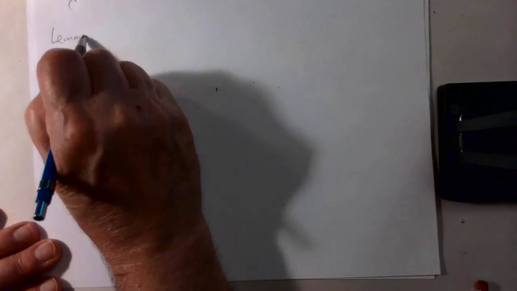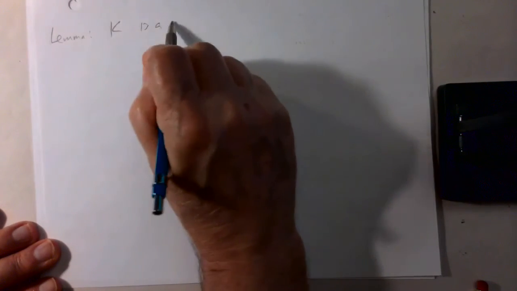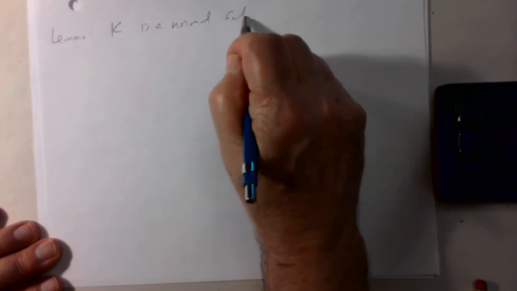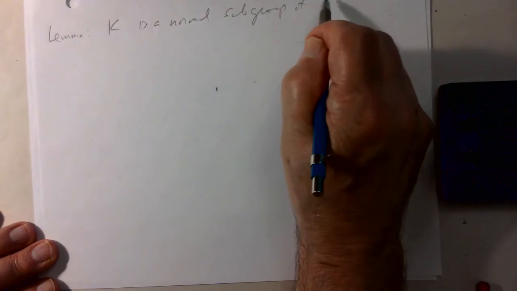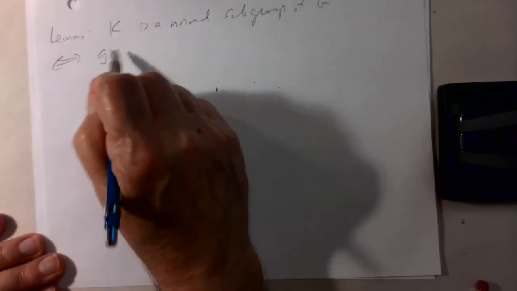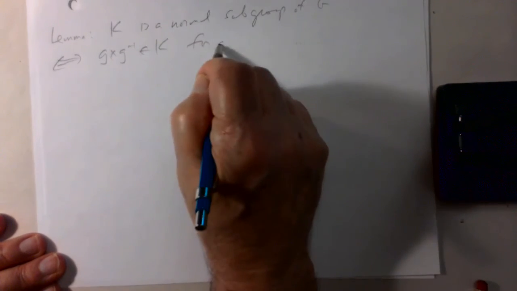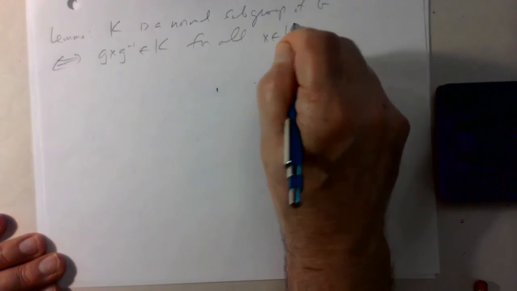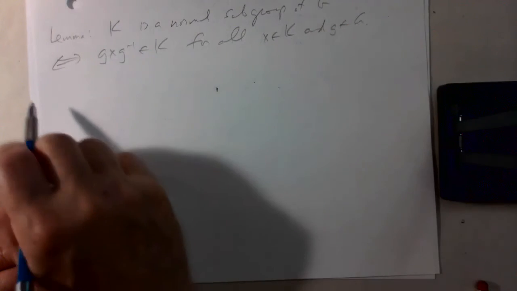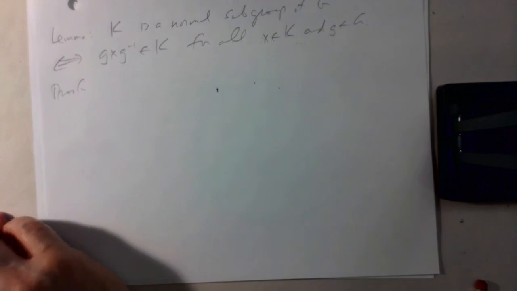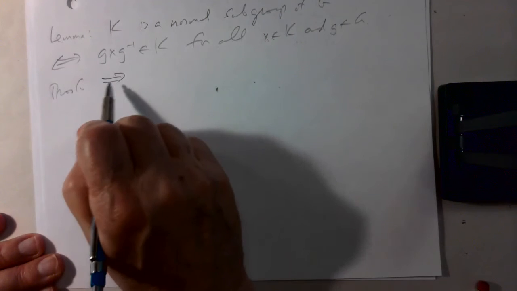So this is just a lemma. There's a more detailed version of this in the notes. K is a normal subgroup of G if and only if gxg inverse is in K for all x in K and g in G. So let's prove it in this direction first.